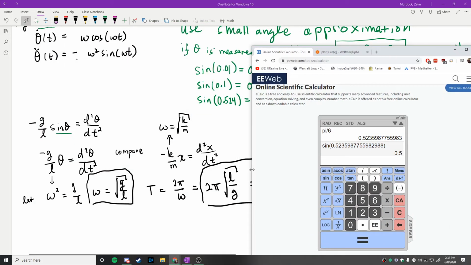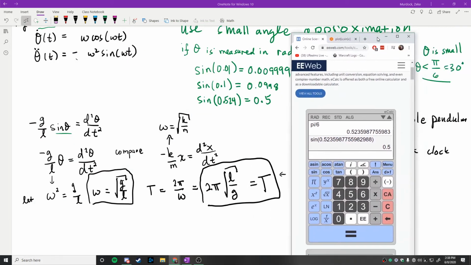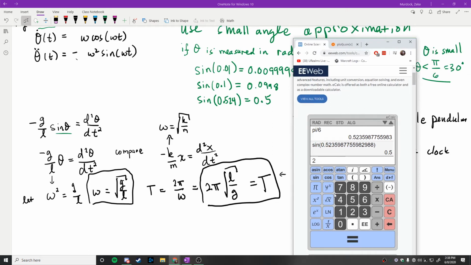We take 2 pi, multiply by the square root of L over g. L would be 0.25, g is 9.8, and then we raise this to the 0.5 power. See, it's almost exactly 1 out to like 3 digits.